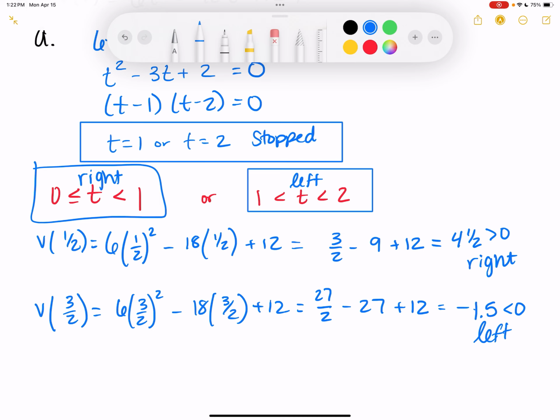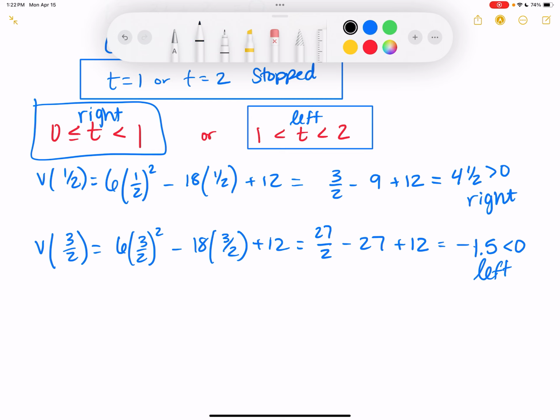So, part B, particle's displacement for the given time interval if the initial position is equal to 3. We want the final position. So this is going to be the integral from 0 to 2 of 6t squared minus 18t plus 12.